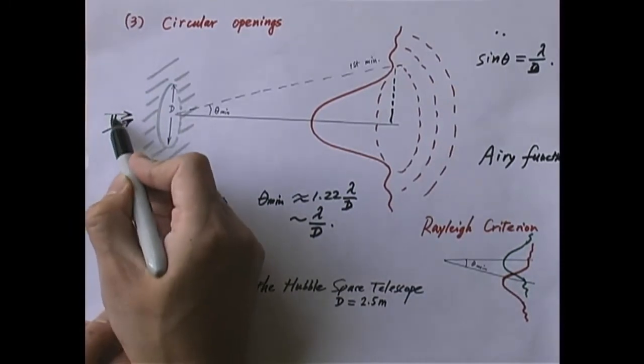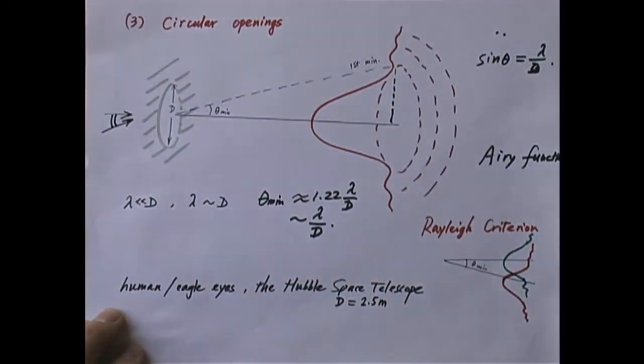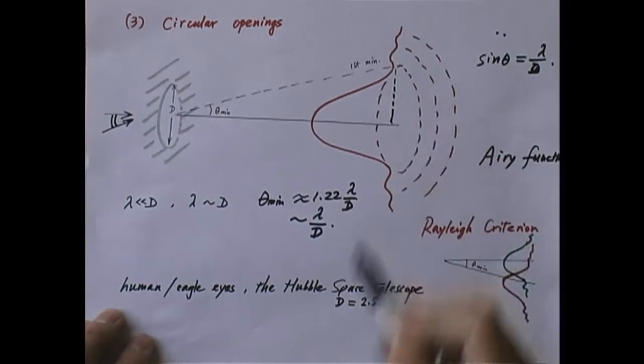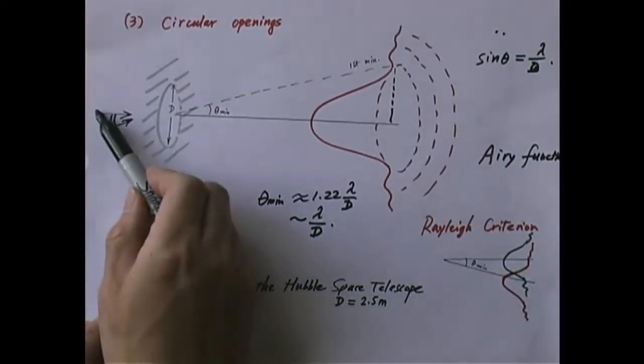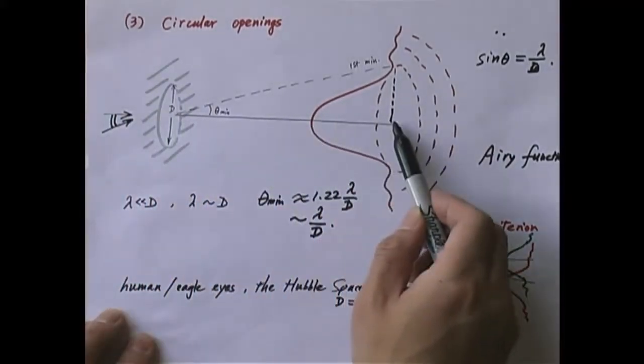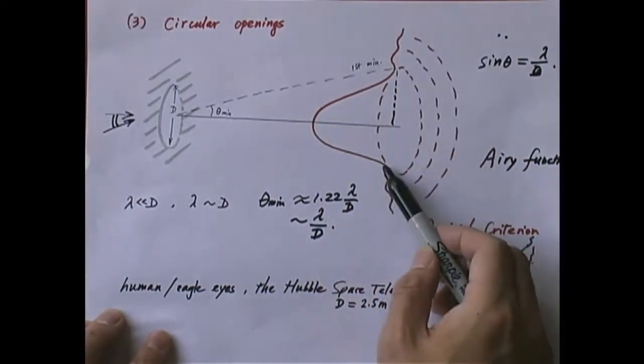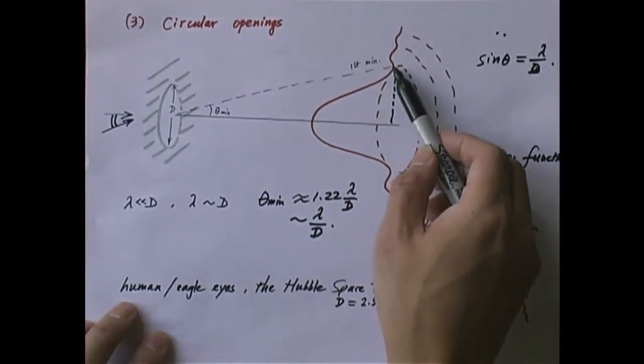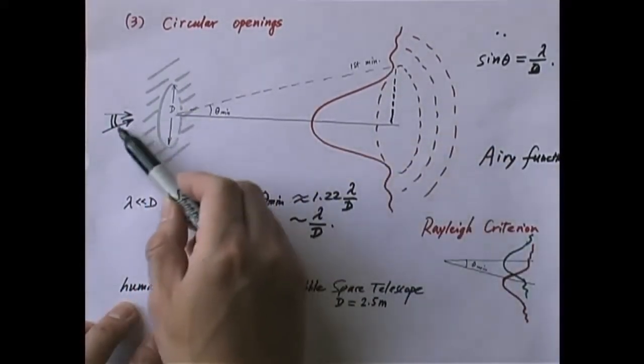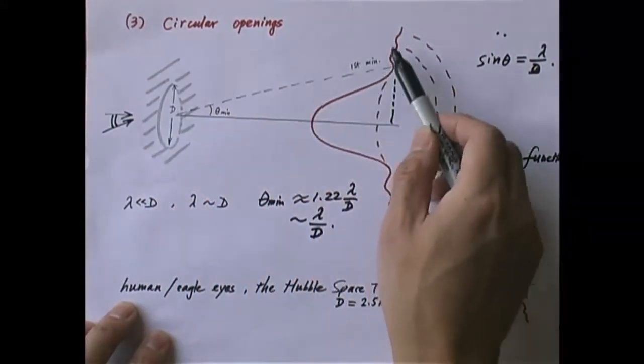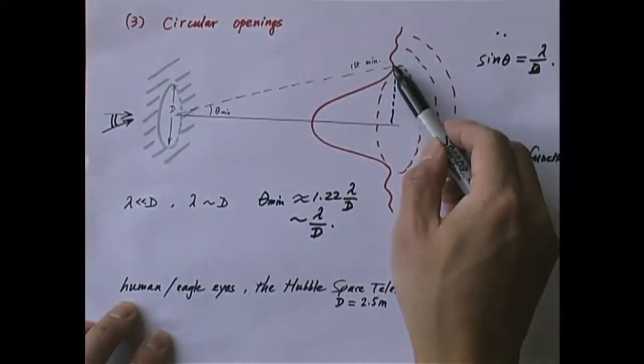There is an angle between them. How small can this angle get such that I can still barely tell them apart? Well, this star will produce an Airy spot like this, which has its edge right here. Now another one coming that way is going to produce an Airy spot centered here.